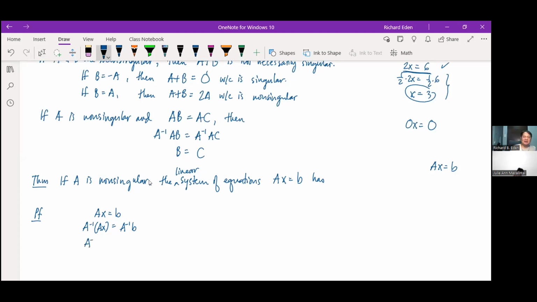We get A inverse A and then x. But what is A inverse A multiplied to x eventually going to be equal to? Well, for matrices, not numbers, it's the identity.